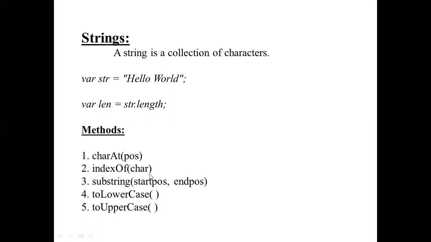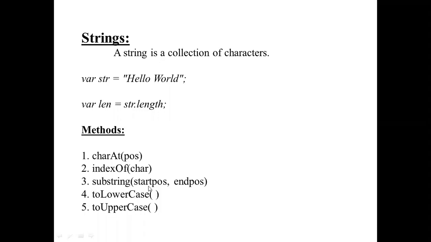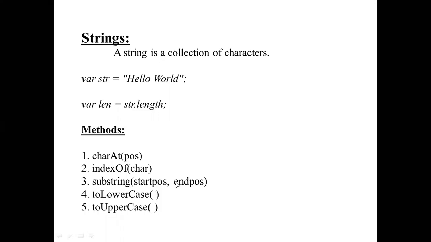Next, substring(start position, end position). It returns the substring in between the specified positions. Next, toLowerCase. It returns the string with all characters converted to lowercase. Next, toUpperCase. It returns the string with all characters converted to uppercase.